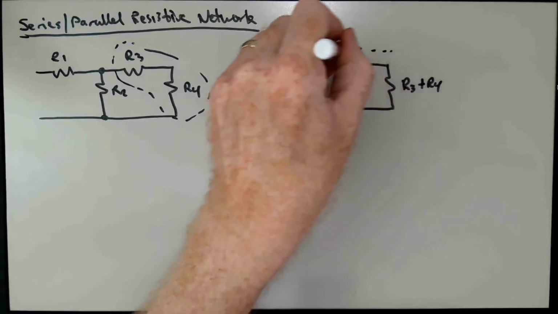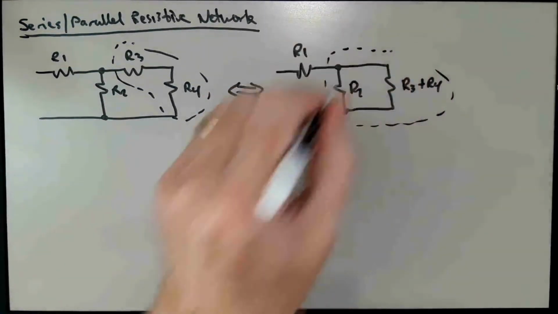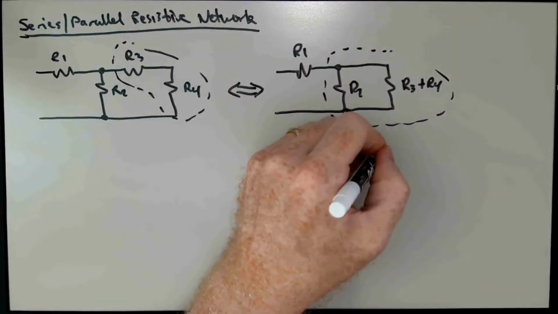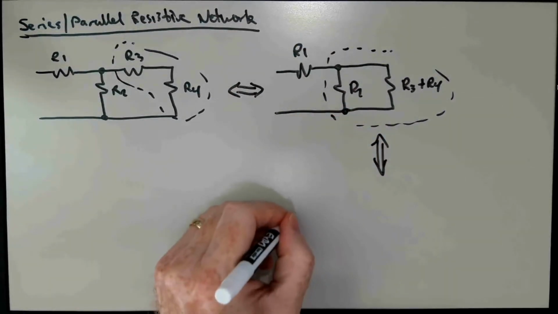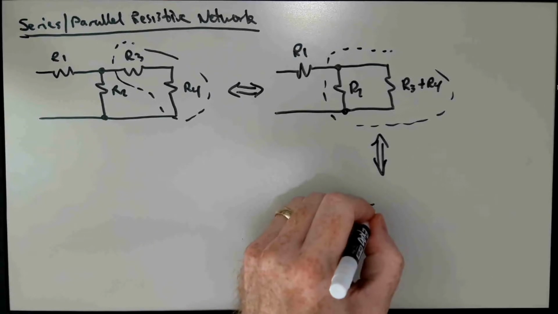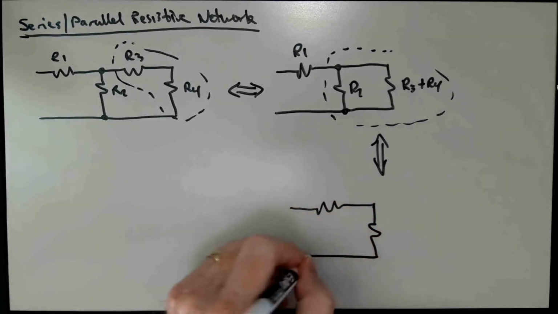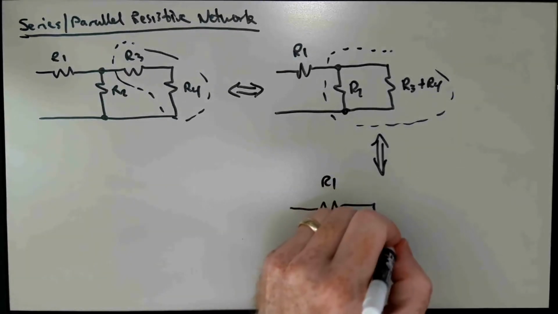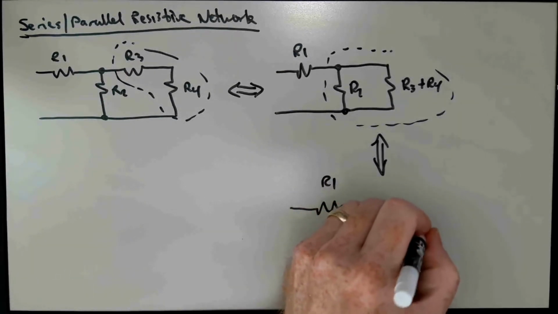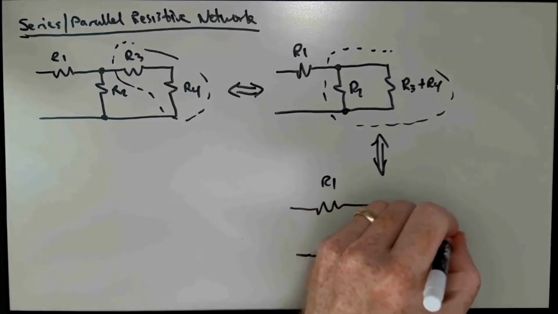So we can draw our little dashed line around that, and we could say that this is equivalent to a resistor R1 in series with a single resistor whose value is given by R2 parallel R3 plus R4.